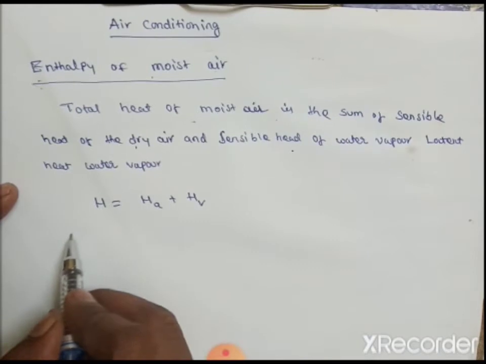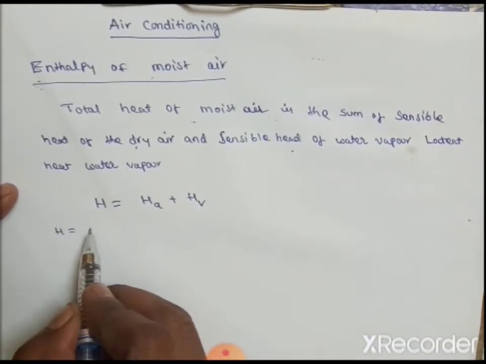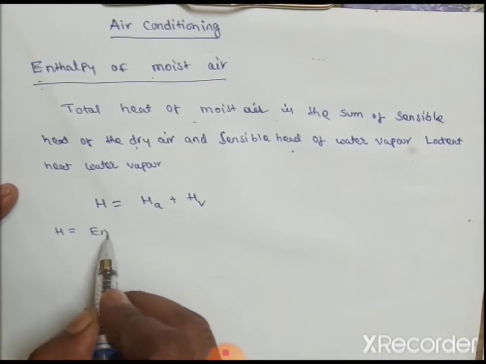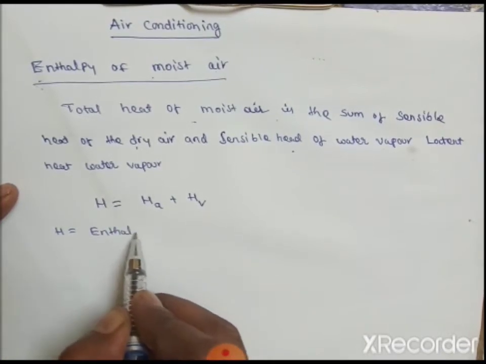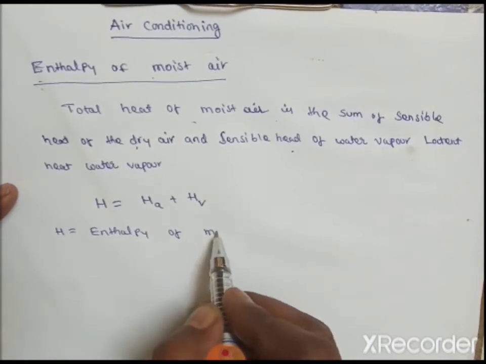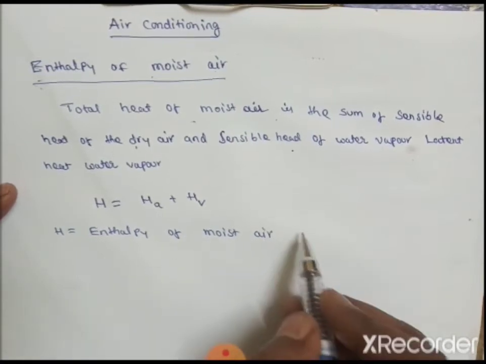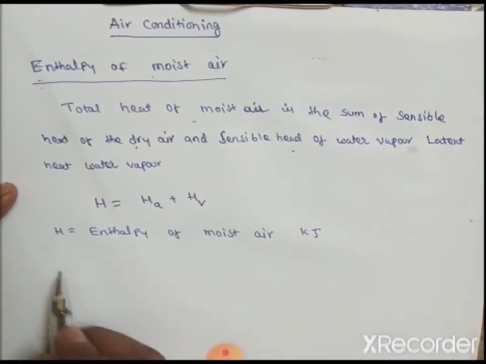So here the H means the enthalpy of moist air in kilojoules.